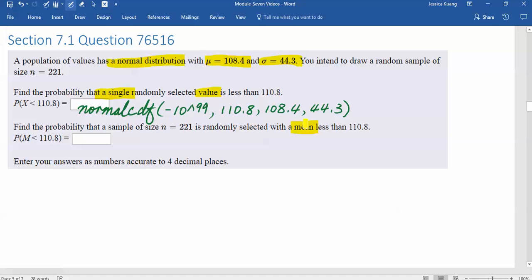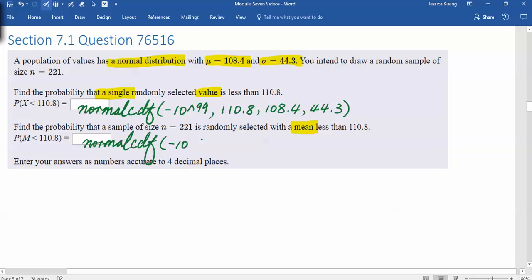So previously we have that a single value is less than 110.8. Here we have the mean of a sample is less than the same value. And the way we carry out this calculation is almost the same, except one thing. So we still start from negative 10 to the power of 99 and stop at 110.8.